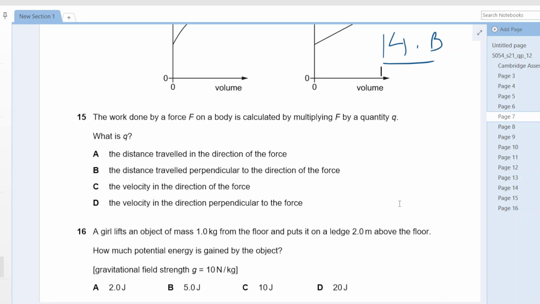You know, work done is force multiplied by distance moved in the direction of the force, and it is at A, distance traveled in the direction of the force. Therefore, number 15 question, answer A.